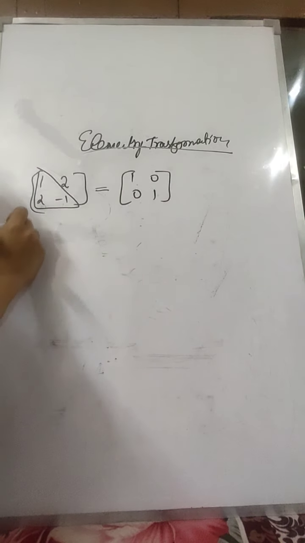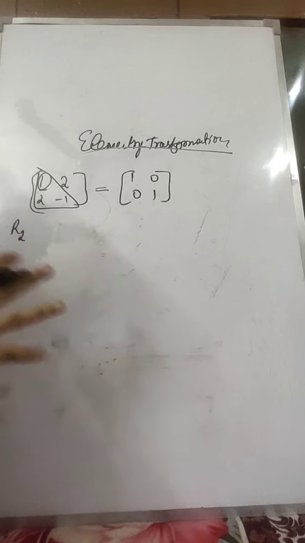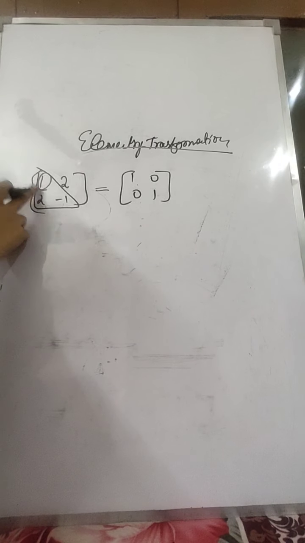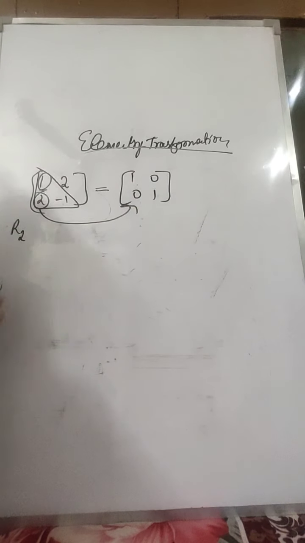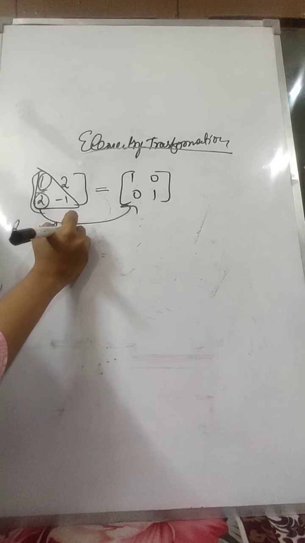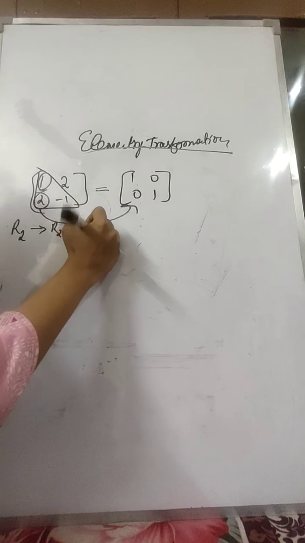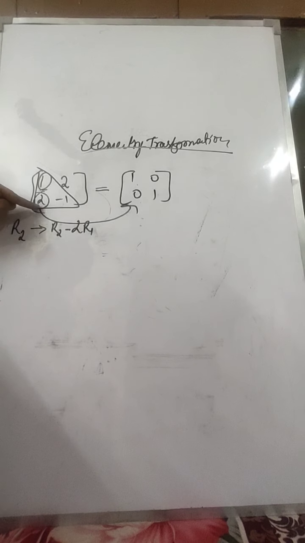Now I am changing row 2. As my first element is already 1, I will not do anything with this number. Then I'll convert this into 0. So I'll change R2 to R2 minus 2 times R1. Why am I doing 2 times R1? Because in order to make this 0, I have to subtract this multiplied by 2 so that I get 0.